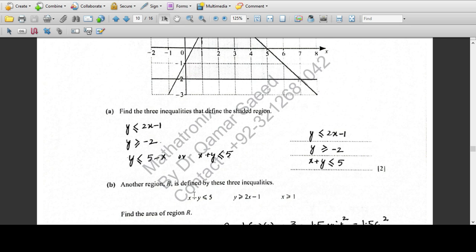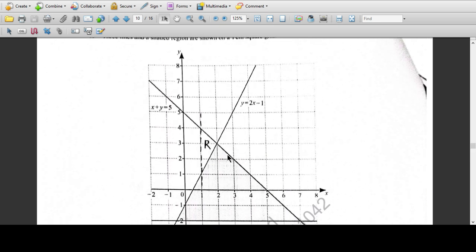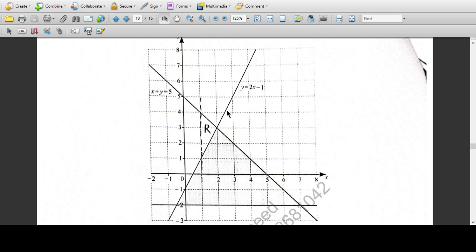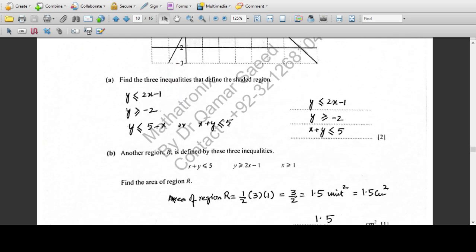Another region R is defined by these three inequalities: x plus y is less than or equal to 5; y is greater than or equal to 2x minus 1, which is this part; and the last one, x is greater than or equal to 1.